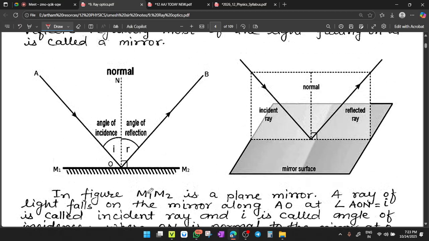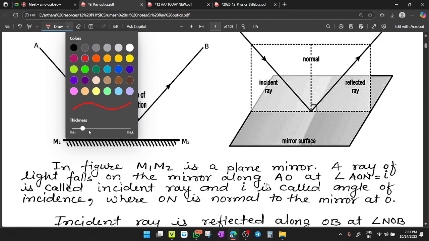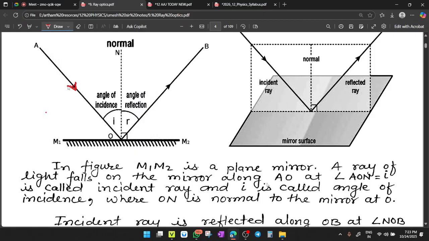Now in the figure, M1M2 is a plane mirror. A ray of light falls on the mirror along AO. The ray of light falling along AO is called the incident ray. ON is the normal, which is the perpendicular on the surface at the point of incidence.